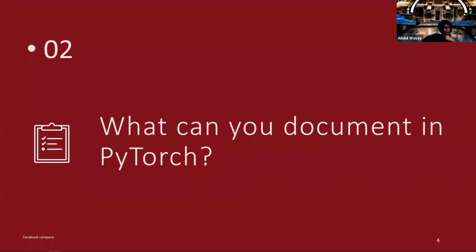So essentially, Pytorch is basically built for developing deep learning solutions. Okay. Now, one of the main confusions that people have is what is machine learning and what is deep learning.